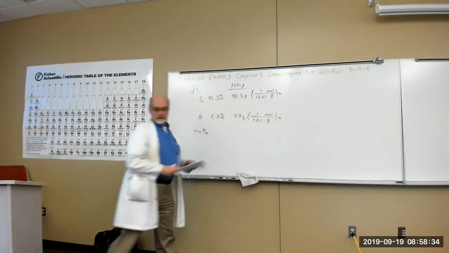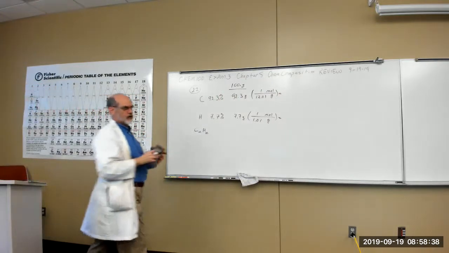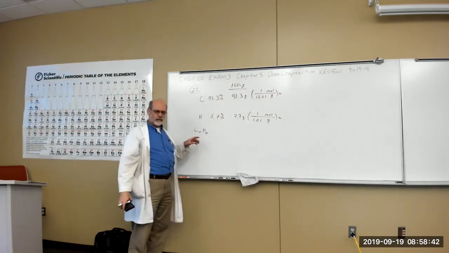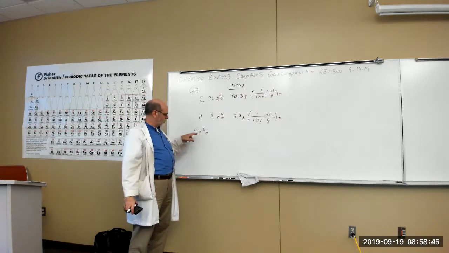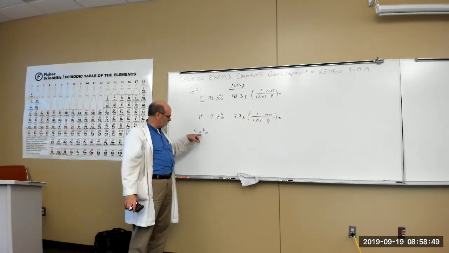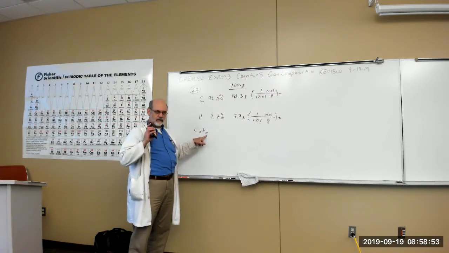Okay, so if we do that calculation, we'll find out what the mole ratio is. If I didn't emphasize this before, let me do it now. One interpretation is so many atoms of carbon per atoms of hydrogen in the molecule.